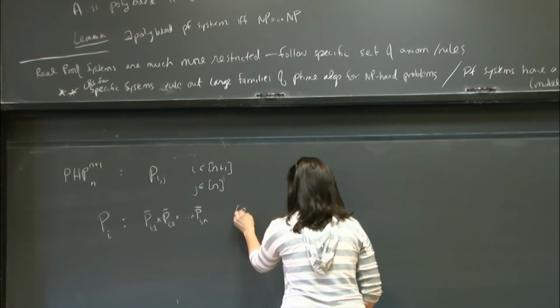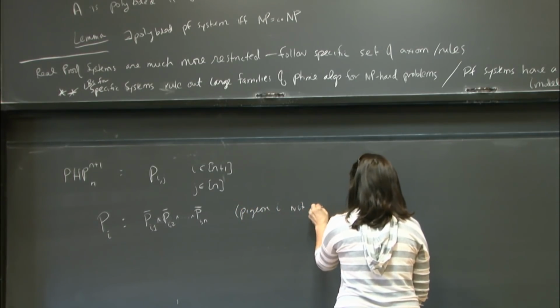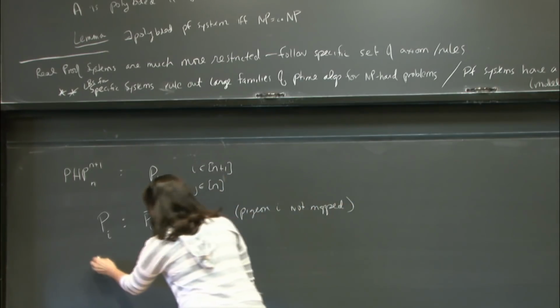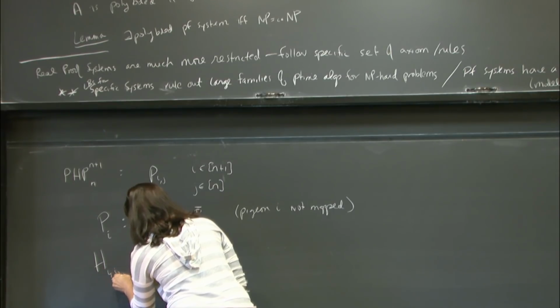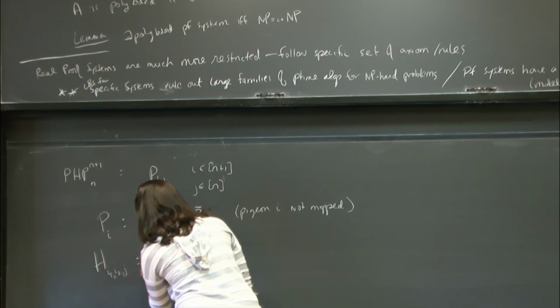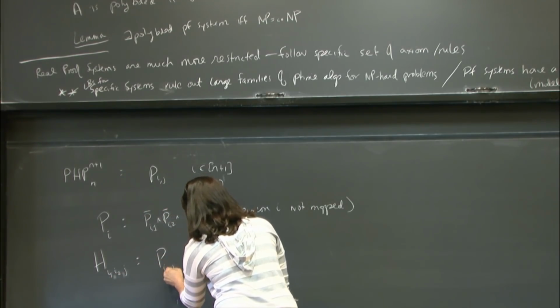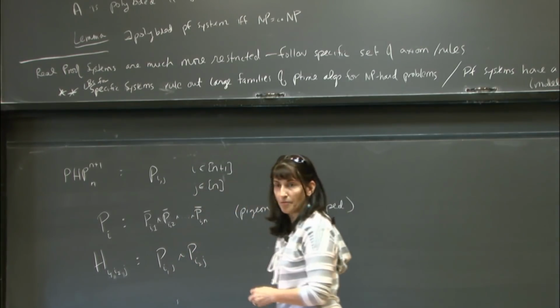And then we have hole axioms, H_i1,i2,j, which says that these 2 pigeons both map to hole j.